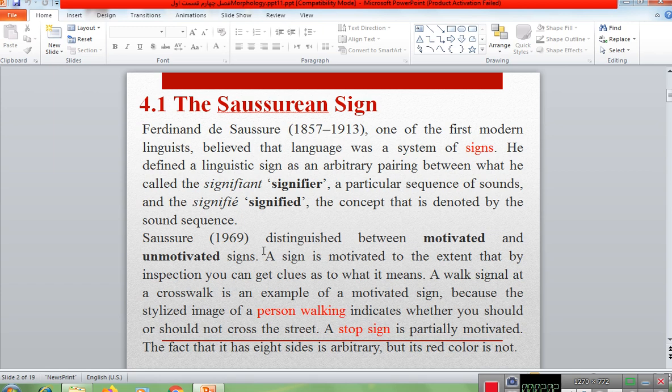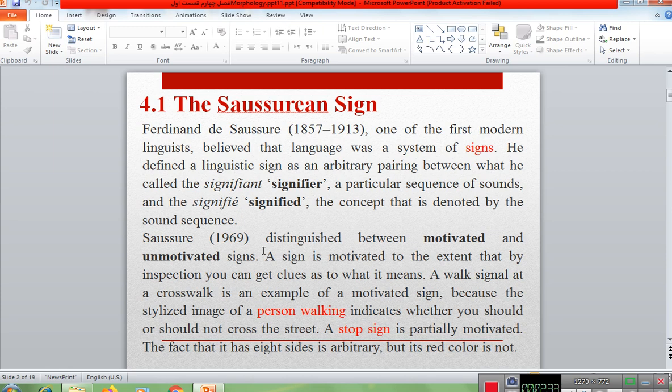A walk signal at a crosswalk, for example, is a motivated sign, because the stylized image of a person walking indicates whether you should or should not cross the street. This is the relationship between form and meaning.